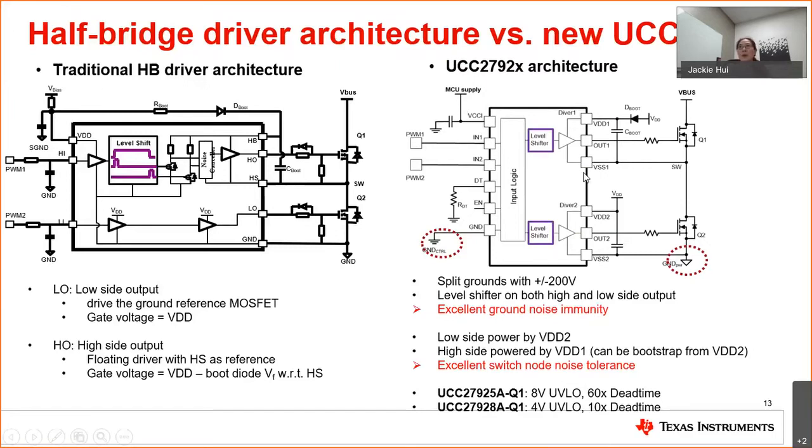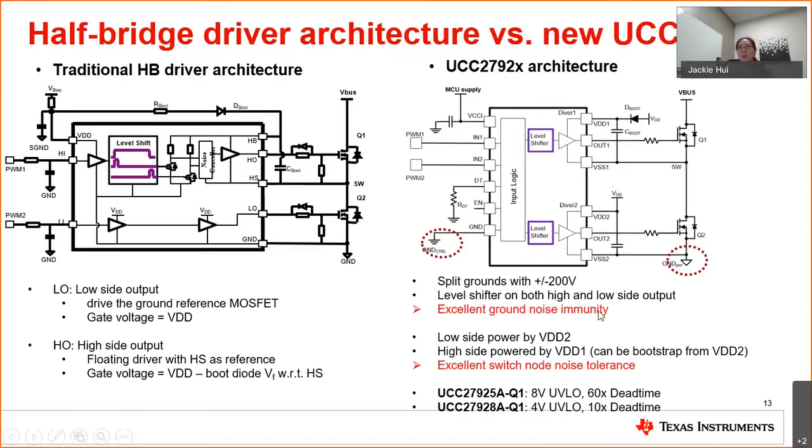And on the output, both the high side driver and the low side driver have their own supply pin as well as ground return, or current return path. It doesn't mean that you need two separate supplies to power this driver.